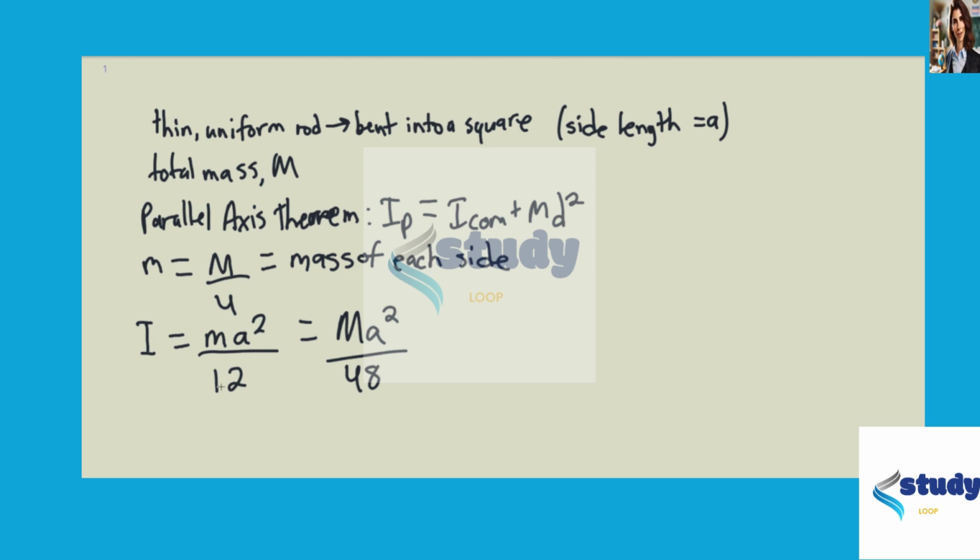And we can also define, so if this is through the center of the side, we can write another moment of inertia. This is going to be Ig.